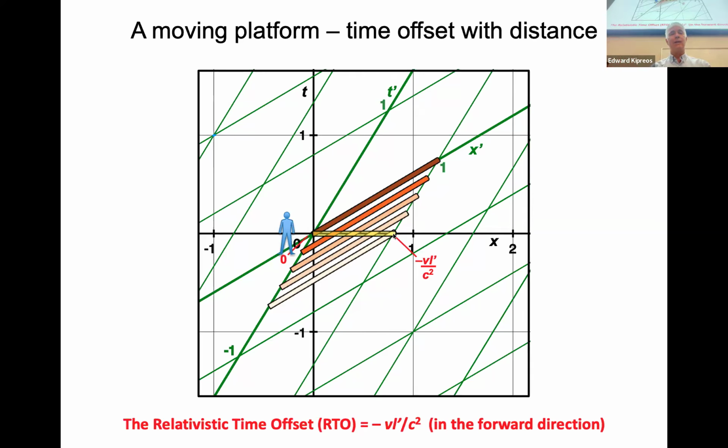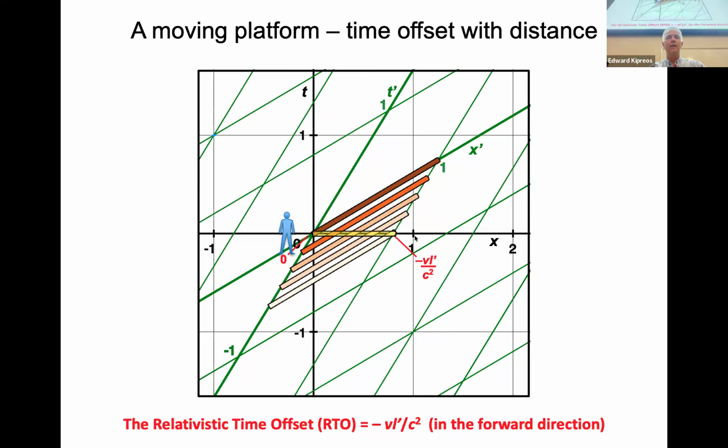So he sees that. But what he also sees is that the front of this platform corresponds to this earlier time for the platform, and the back of the platform corresponds to the later time for the platform. And everything in the middle corresponds to different times for the platform. So if you were to look at synchronized clocks in the platform, it would be a later time at the back and an earlier time at the front.